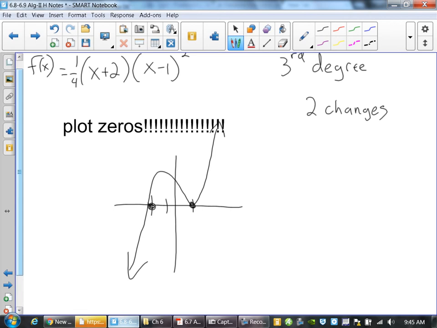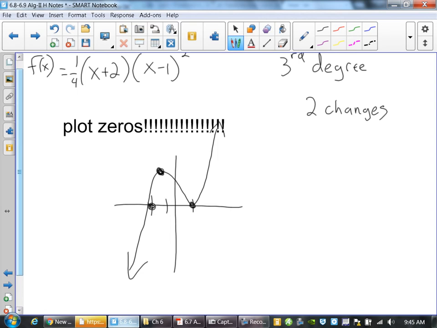Now, I want to show you in the calculator how we figure out this value. Do you think that's going to be a maximum value or a minimum value at that point? It's a maximum value because it's where it's changing direction.